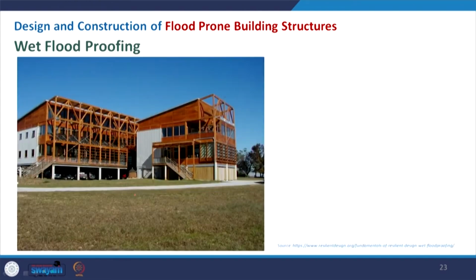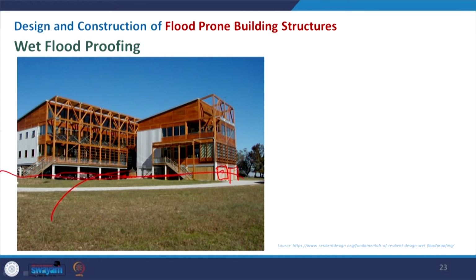This is another example under wet flood proofing, where in the absence of a flood, the space may be used as parking and so on. These are the panels that are removable during the flood. We can remove them so that water can easily pass.